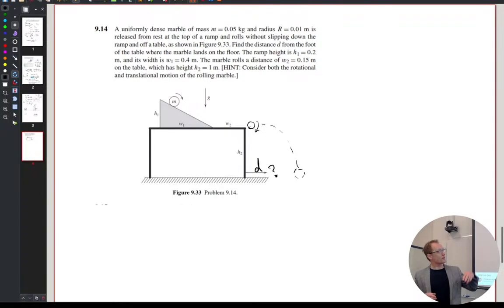Does it matter that the ramp is at an angle, that it's not a smooth transition? Does the slope of the ramp affect its kinetic energy? No?